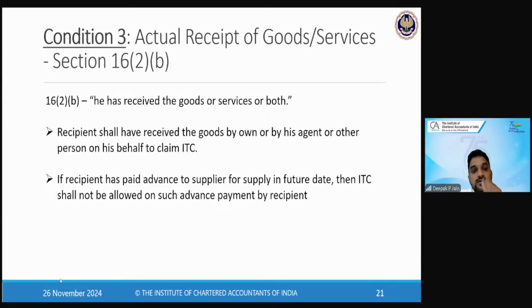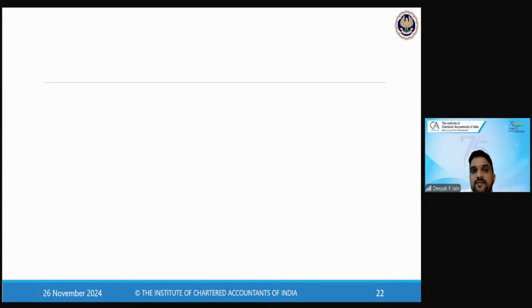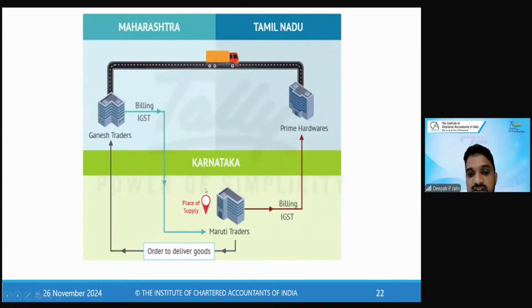Okay. So recipient, when you pay the advance, you cannot claim the credit. Bill to ship to transactions. When I am billing to you and shipping to somebody else, you have not received the goods. So how can you claim the credit? You can still claim the credit because it is treated as constructive delivery. So when Ganesh Traders, our normal friend, bills to Maruti Traders, the place of supply is Maruti, right?